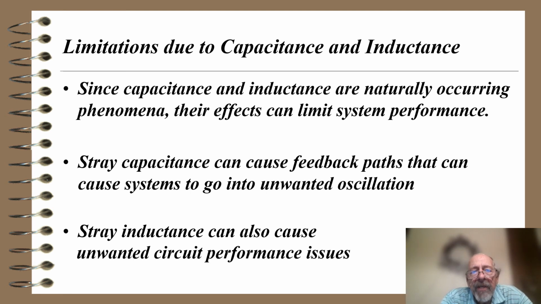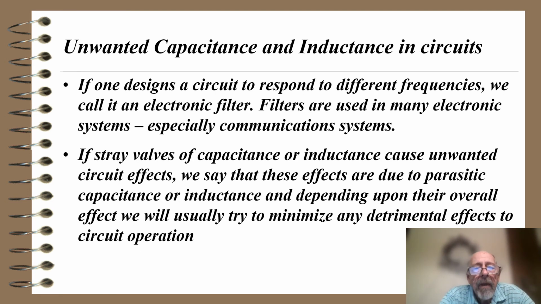So what about limitations due to capacitance and inductance? Since capacitance and inductance are naturally occurring phenomena, their effects can limit system performance. Stray capacitance can cause feedback paths that can cause systems to go into unwanted oscillations. Stray inductance can also cause unwanted circuit performance issues. So if one designs a circuit to respond to different frequencies, we call it an electronic filter.